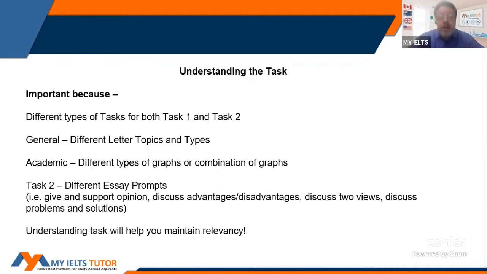And then finally, understanding the task will help you maintain relevancy. And that's that word, relevancy. And I'll get to that later. What do I mean by relevancy? But once you understand the task, it's going to be easier for you to stay relevant to the topic.